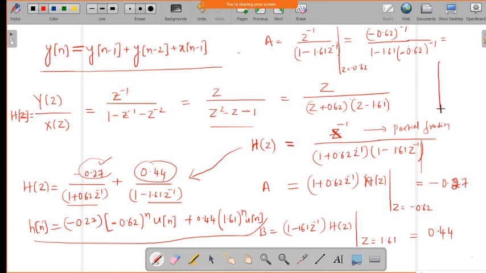So in the pole-zero plot, one pole is at z equal to minus 0.62 and another one is at z equal to 1.62, and there is a 0 here. So these are the poles and this is the 0, and the ROC will be greater than 1.62. So now this is about the impulse response of this difference equation.